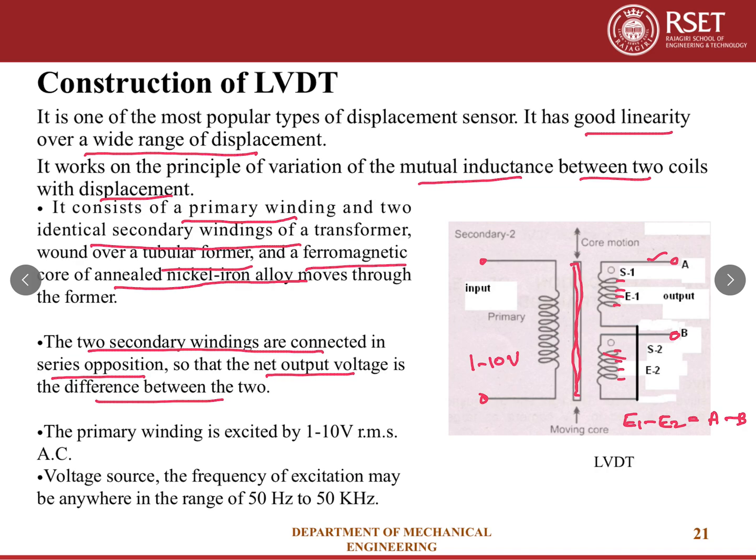It consists of a primary coil and two secondary coils, and these two secondary coils are connected in series opposition, and the voltage source is connected to the primary. EMF is generated in S1 and S2, and since there is a net voltage, the EMF generated in S1 is not equal to S2. Thereby we can find the displacement.